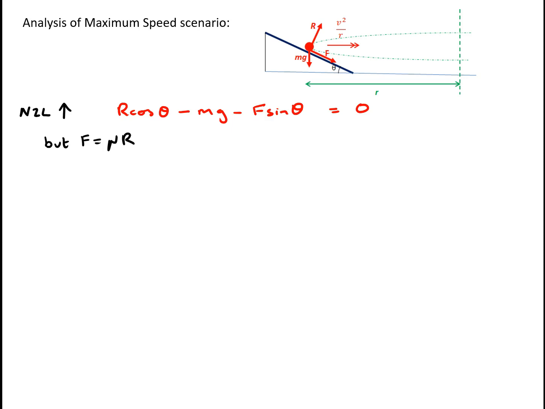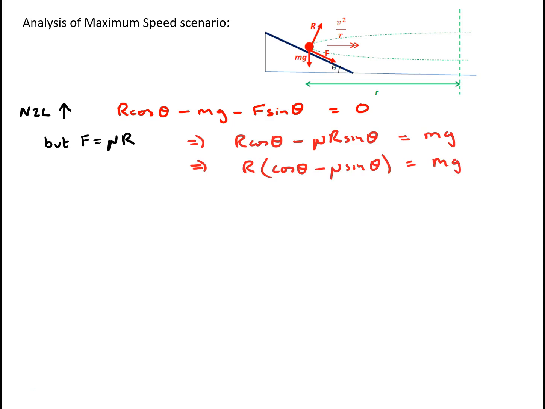So we've got r cos theta minus mu r sine theta must equal mg. In other words, we've got r times (cos theta minus mu sine theta) equals mg, which means that the reaction force is mg divided by (cos theta minus mu sine theta).